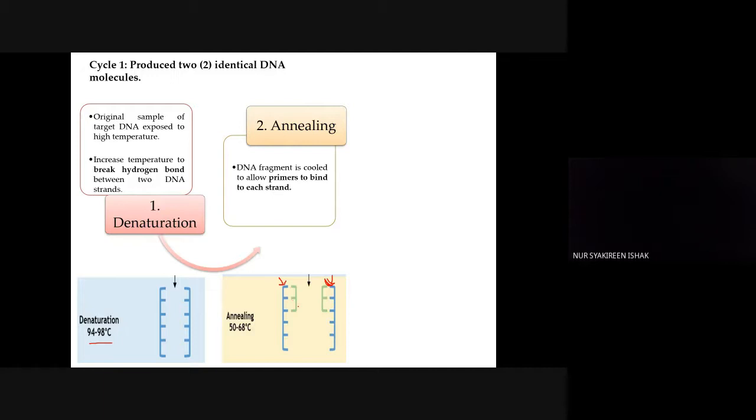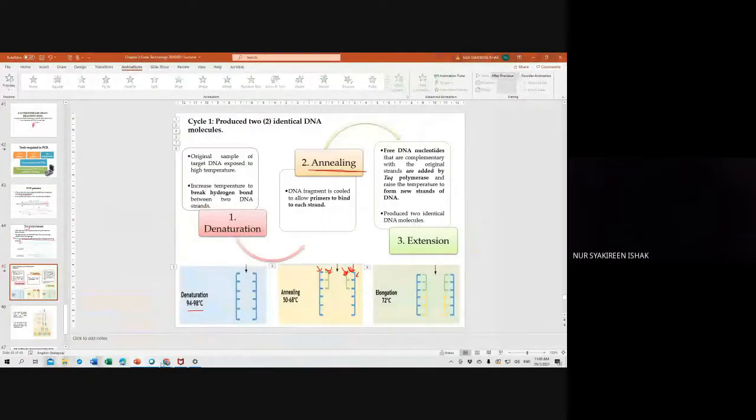So in order to start the reaction, you have to have primers. Okay, PCR primers. So these are the primers that will bind to the DNA template during annealing. So this is the second stage of PCR. The third stage, after you have attached the primers, is extension.